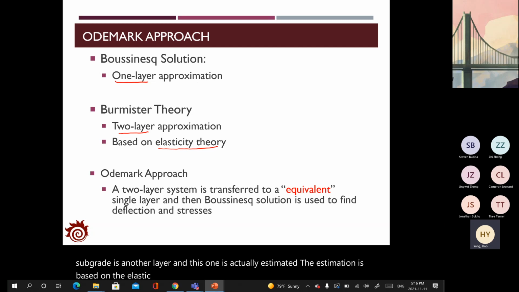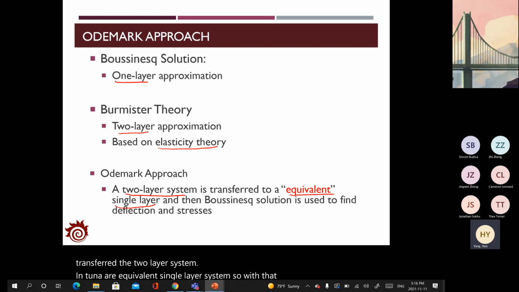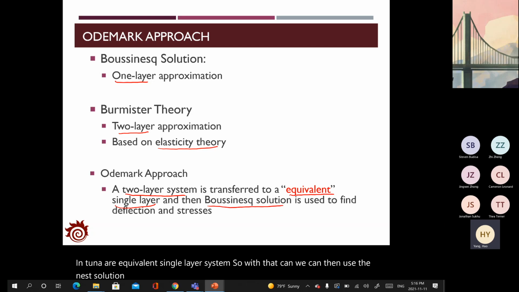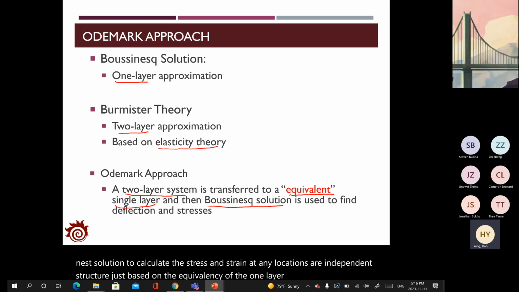The Odemark approach will usually transfer the two-layer system into an equivalent single-layer system. So with that, we can then use the Boussinesq solution to calculate the stress and strain at any location in the pavement structure, just based on the equivalency of the one layer to the bottom layers.